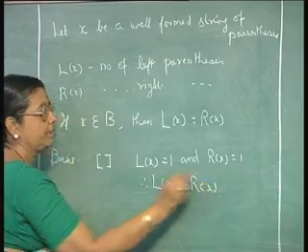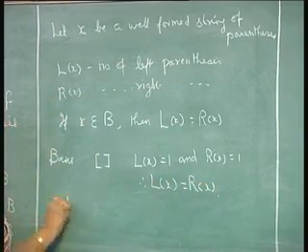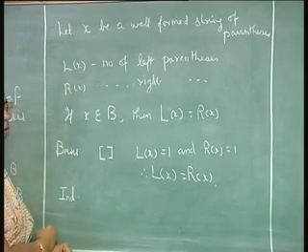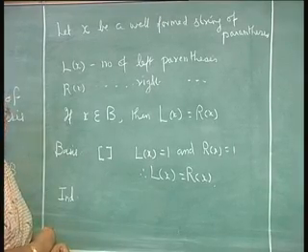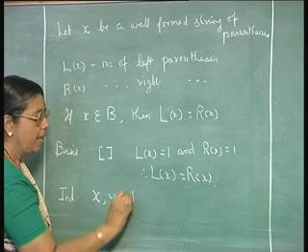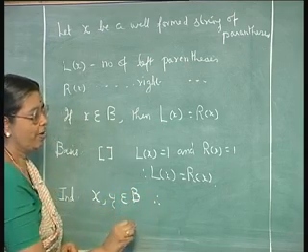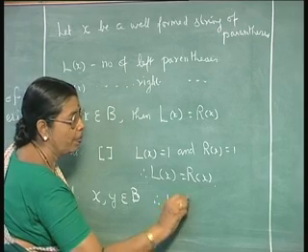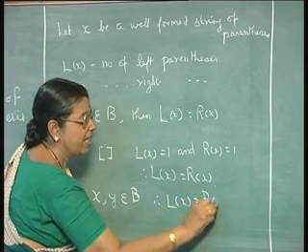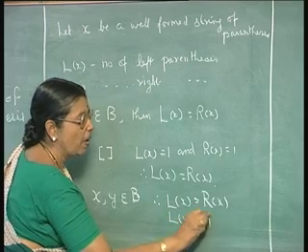Now in the induction class, you assume that the result holds for x and y. Let x and y belong to B. Therefore, the property holds for them. Therefore, L(x) is equal to R(x) and L(y) is equal to R(y).